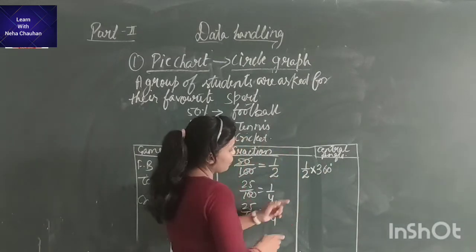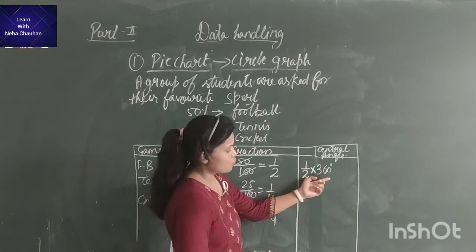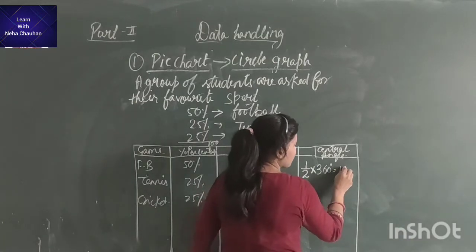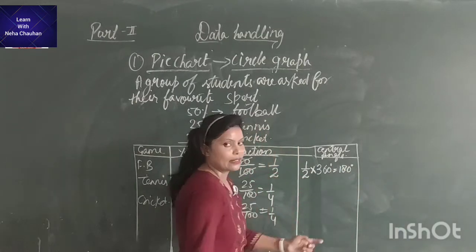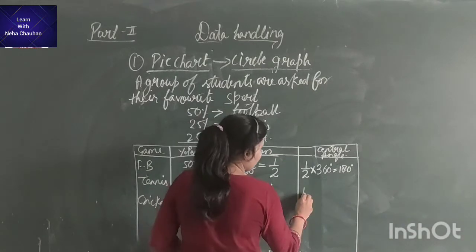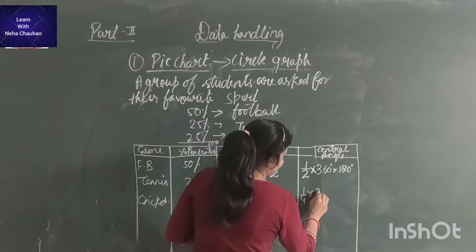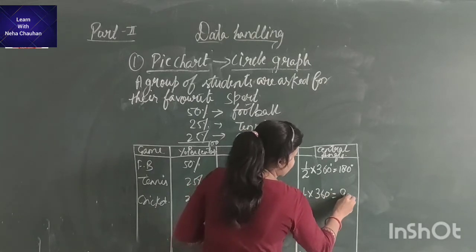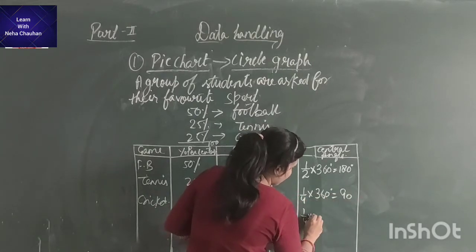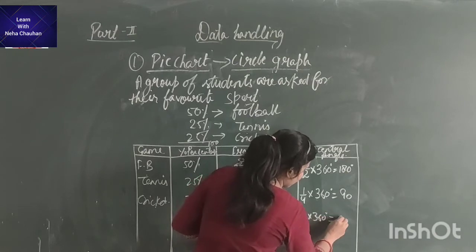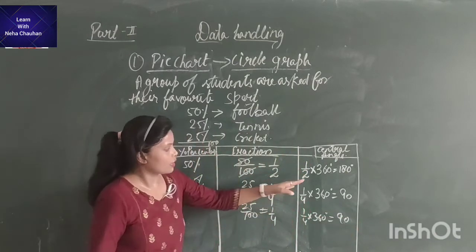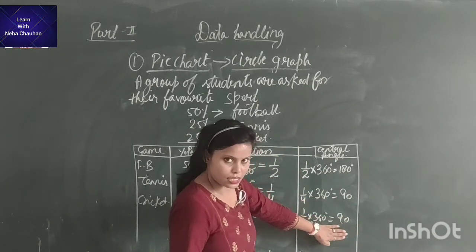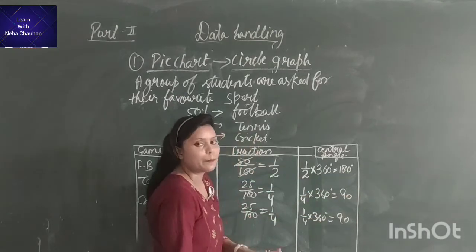So on multiplying 1 by 2 by 360, we will get our angle. For tennis, we have 1 by 4 multiplied by 360, which is equal to 90 degrees. Now we get all the angles for the pie chart.